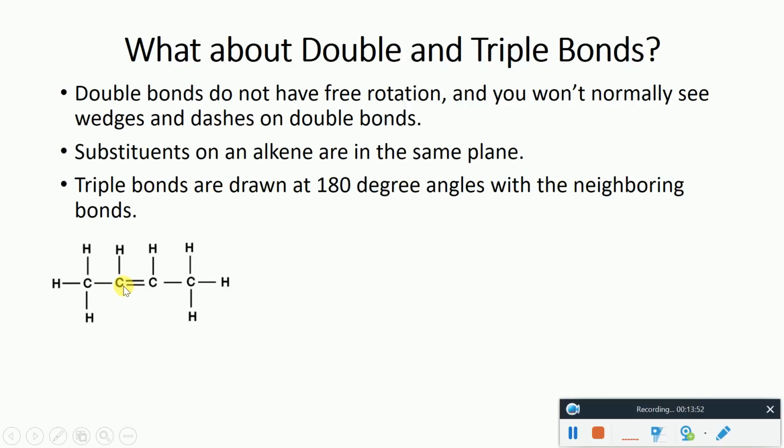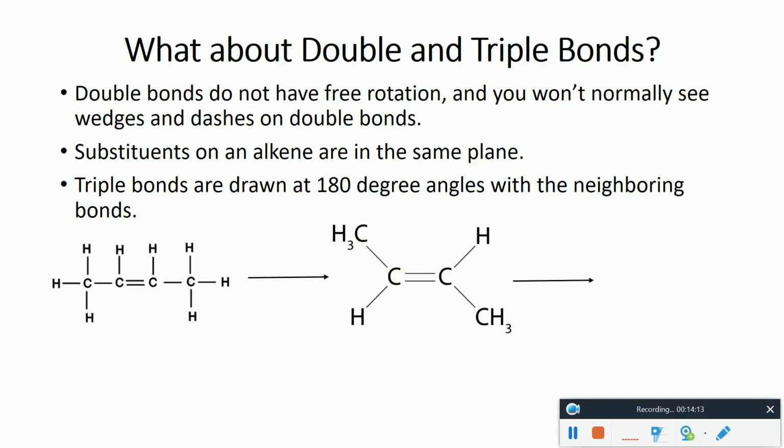So here we are with an alkene. How would we draw that? Well, this one is very particular because we're showing our two groups here coming off the double bond. And there are two ways to draw this. The important thing here is remember that there is no free rotation around a double bond. So what does that mean? Well, you could have possibly two conformations of this molecule.